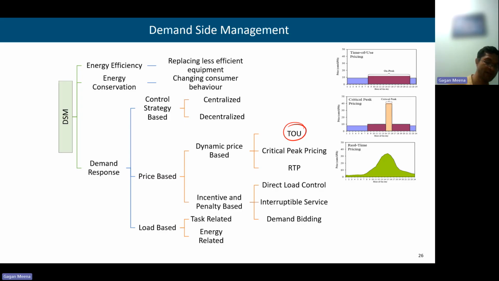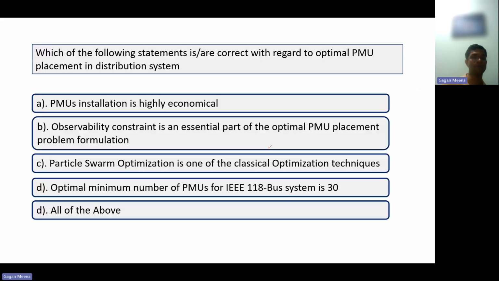Energy related means you cannot shift or change the time of operation, but you can reduce your energy consumption. Task related, it doesn't matter what the task is, it has to be completed within the same day, or within the time frame which is there.